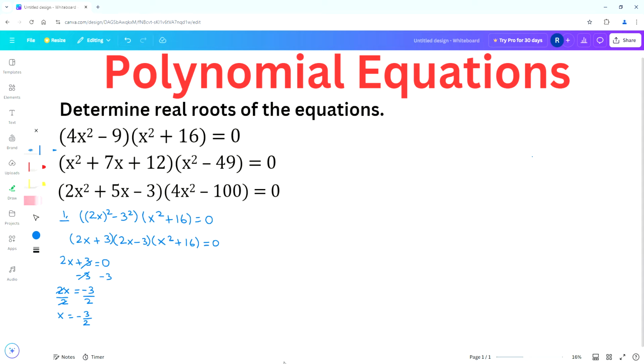Now we can analyze the second factor. We should set it equal to 0 and solve for x. The second real root is 3 over 2. Now we can analyze the third factor.